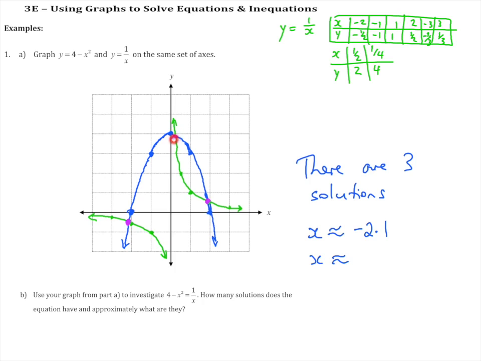Quarter's 0.25, so it might be 0.26, 0.27. I'm guessing. It's an approximation. And the last one, this one here, a little bit less than 2, so I might say it's 1.9. I don't know, close enough. They're just approximations. So that's approximately what they are. Let's go to the next part.